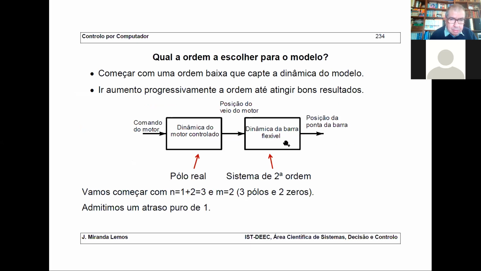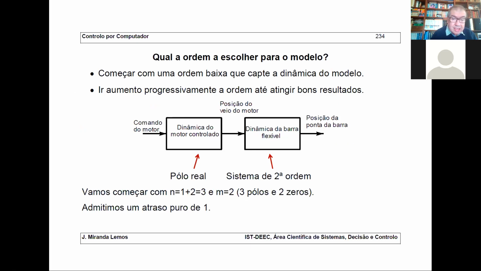Now, let's think a little bit about the dynamics of the flexible bar. Your shaft is here, this signal. This is the dynamics of the controlled motor. If I do a change in the position of the motor shaft, what happens? The bar is an oscillatory system.